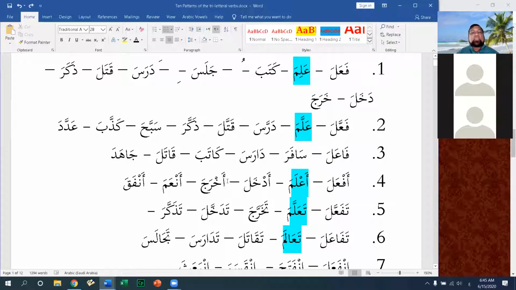Same for akhraja. Akhraja, mukhrijun, mukhrajun, and ikhrajun. اسم الفاعل, اسم المفعول, and المصدر. أنعم, منعم, منعم, إنعام.